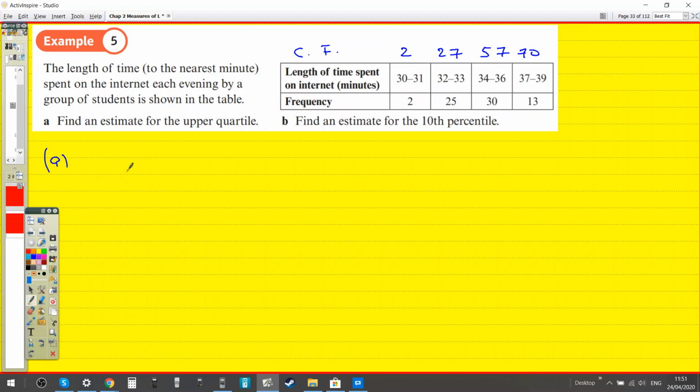Do I need to do 3/4 times 70? That would be the 75th percentile. We want the 10th percentile. So I need to do something like 0.1 times 70. Yep. That would be 7. So it is the seventh person, seventh value. Okay, what's next?